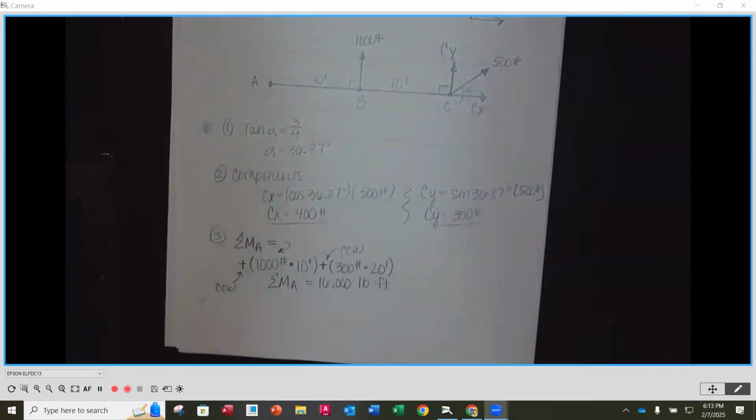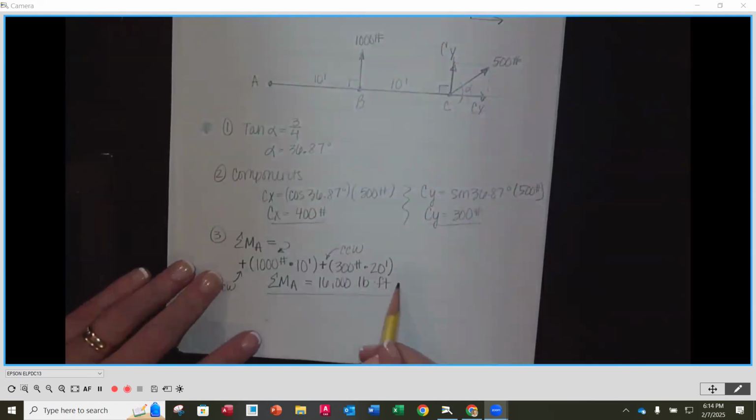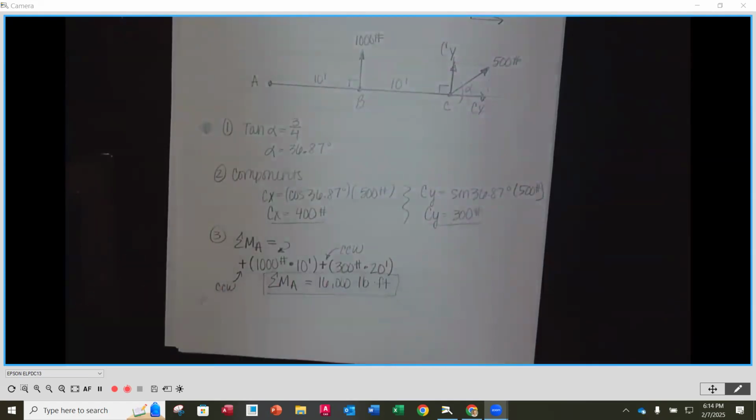There we go. Yes, pound feet. Thank you, Tyler. I glanced at it and I was going with it because those were appropriate units, but when I was writing it, I noticed it. So that's one of our answers. 16,000 pound feet is the moment generated about, yes, it's Friday, about point A.